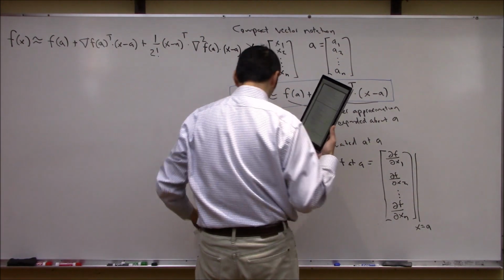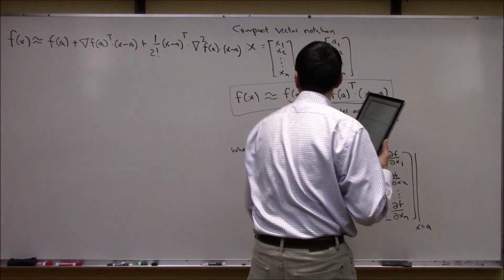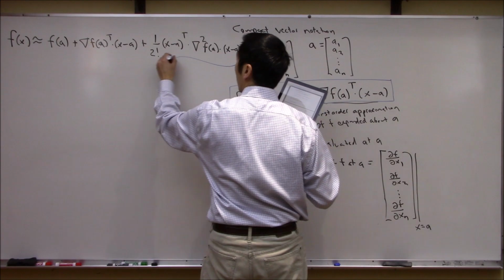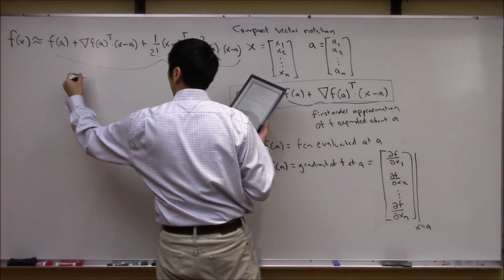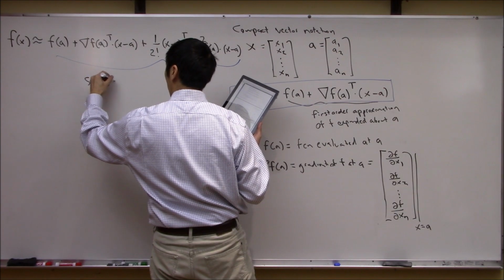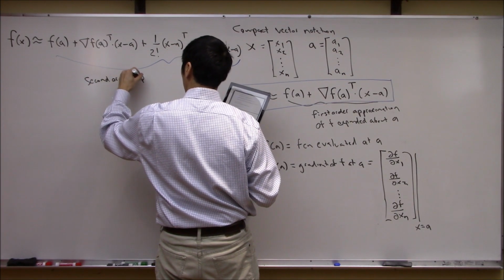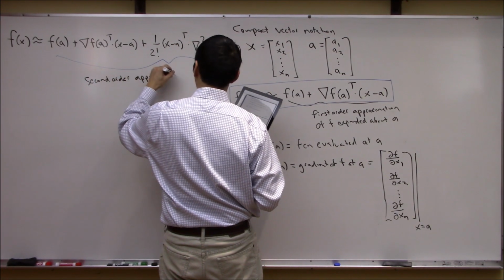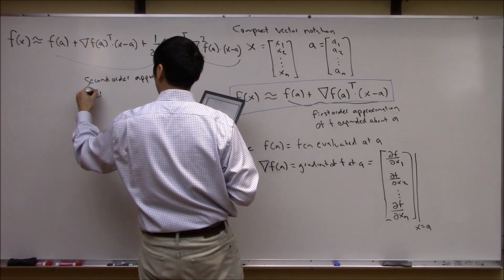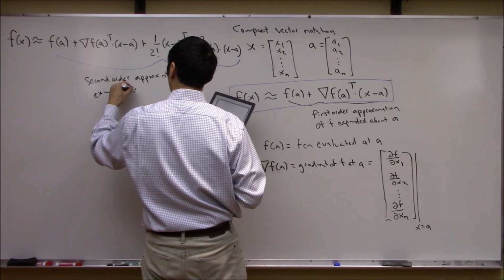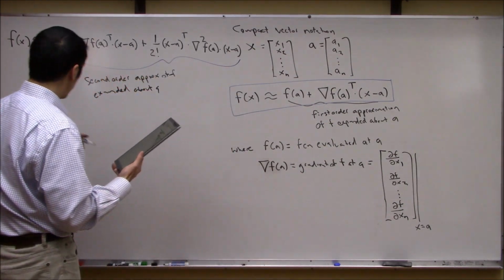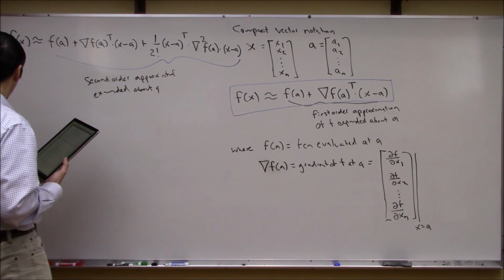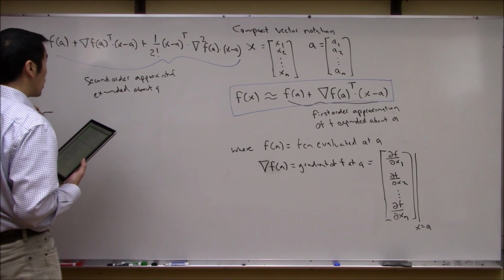Okay, so again, this entire thing now in blue is the second order approximation of f expanded about a, right? And in this case, the only new terminology that we need to introduce here is this term.